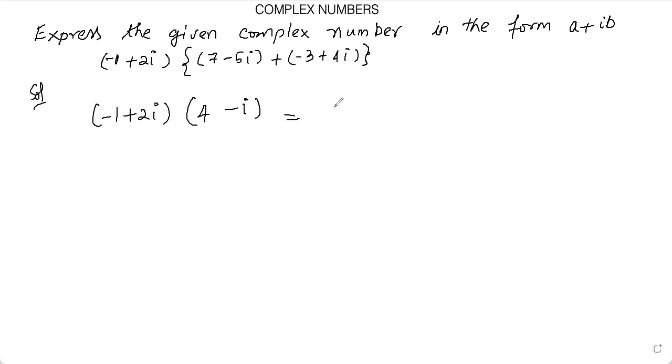So this becomes minus 4 plus i plus 8i minus 2i square. Again, i square we know as minus 1. So after simplifying, you get minus 2 plus 9i.